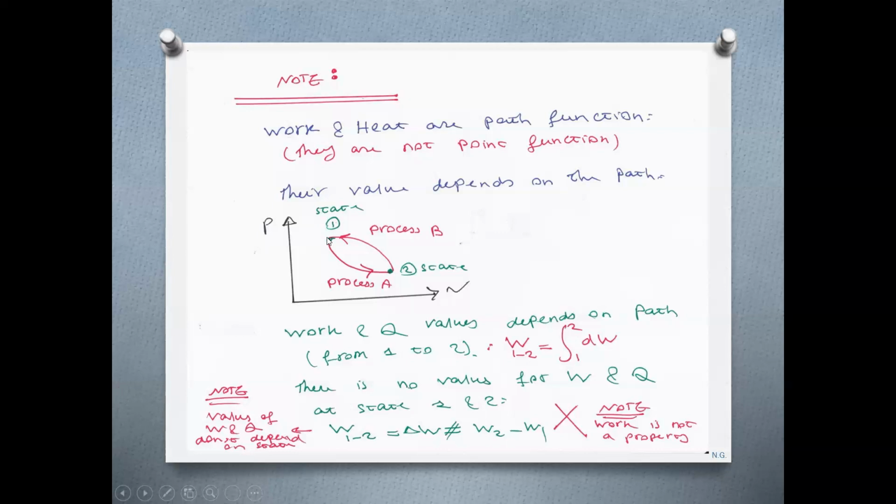For example, consider a piston cylinder. All right. So it is at state one with values P1 and V1. And then there is a process A that takes the system, this piston cylinder, from state one to state two with a value of pressure, let's say P2, and temperature T2, and a specific volume, nu2.